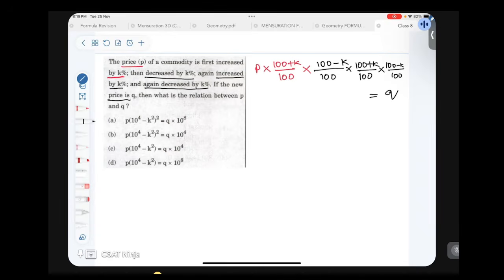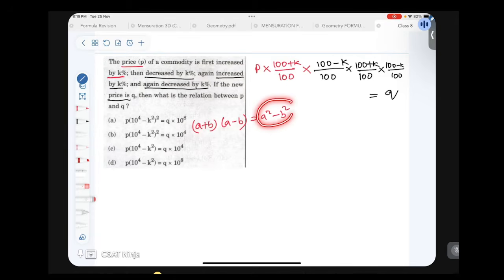You might have learned this or you may not have, but I'll write a formula here. This is from algebra. A plus B times A minus B is nothing but A square minus B square. If you have A plus B and A minus B, you will get A square minus B square.